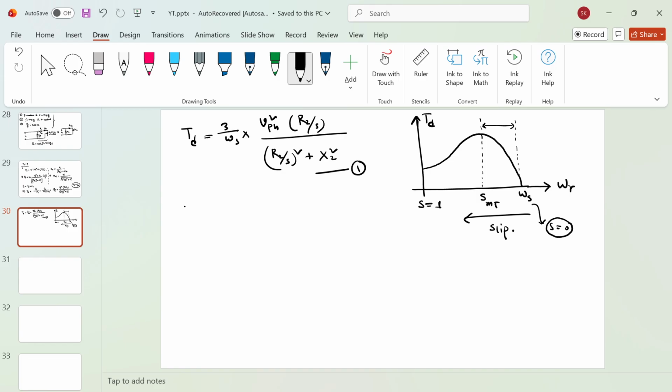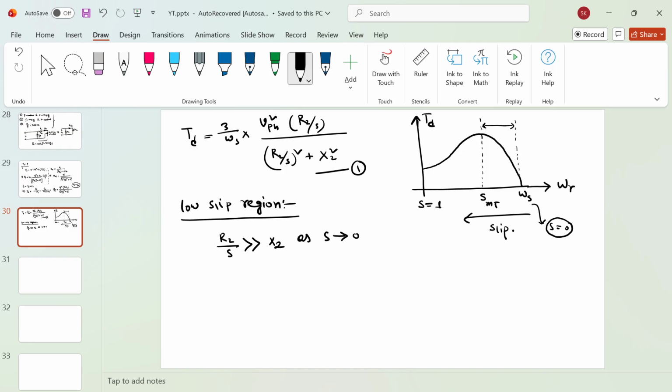From these equations, at low slip I want to approximate the developed electromagnetic torque. I can say R2 by S is much higher than the X2 quantity, because as S is close to zero, R2 by S will be higher.